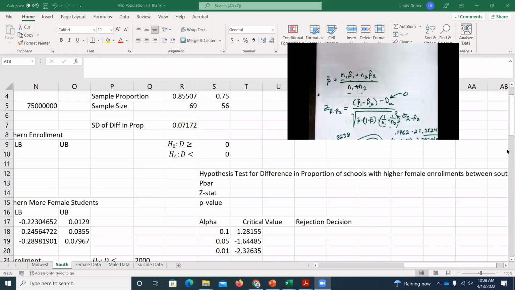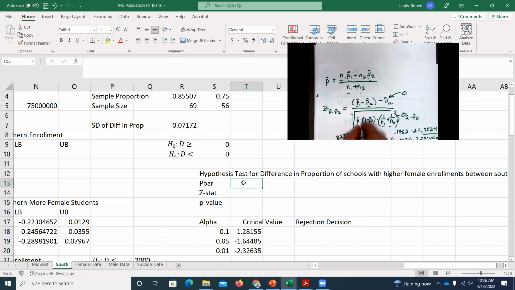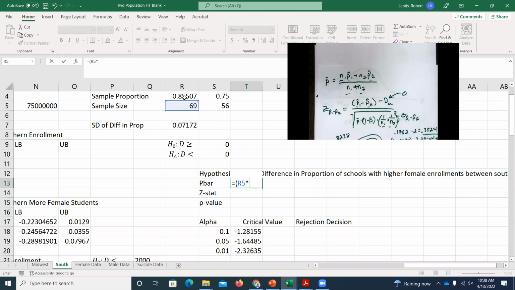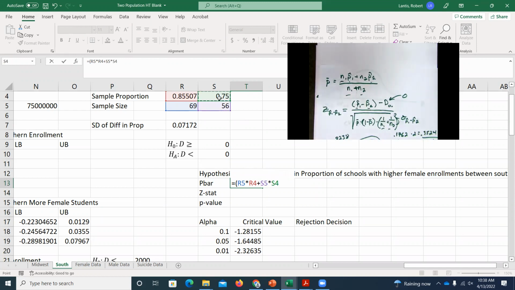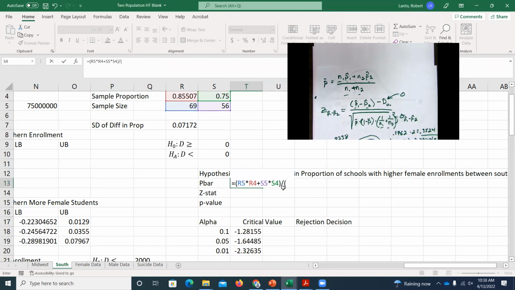So the first thing we're going to do is find this intermediate step of P bar. Now, I guess if I really wanted to, I could plug P bar into here and do it all at one time, but that's a lot of parentheses and really easy to make a mistake. So here I'm just going to say, okay, take my first group's sample size times their sample proportion, add the second group's sample size times their sample proportion, then divide that by the sum of the two sample sizes.